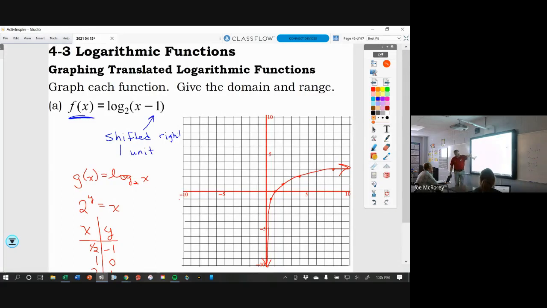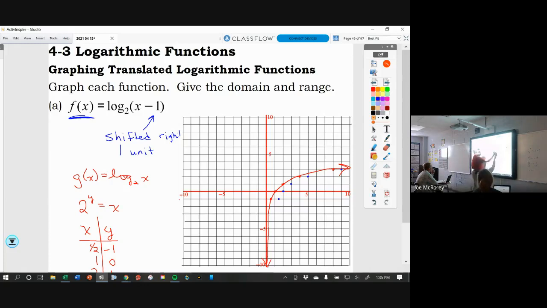So f of x is the g of x function shifted to the right 1 unit. So I'm just going to take each of these points and move it over 1. Where's my vertical asymptote? Does it move? No. It didn't move, it just can't touch the other one.